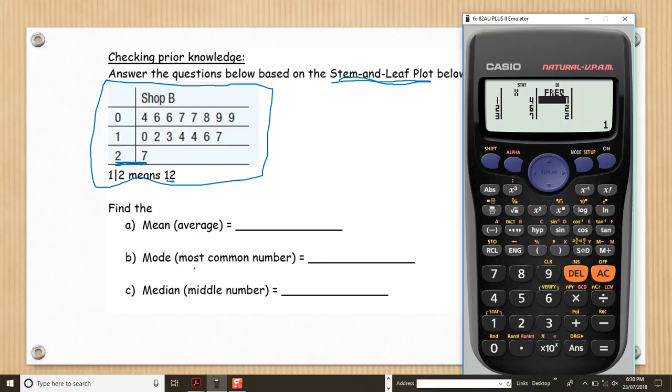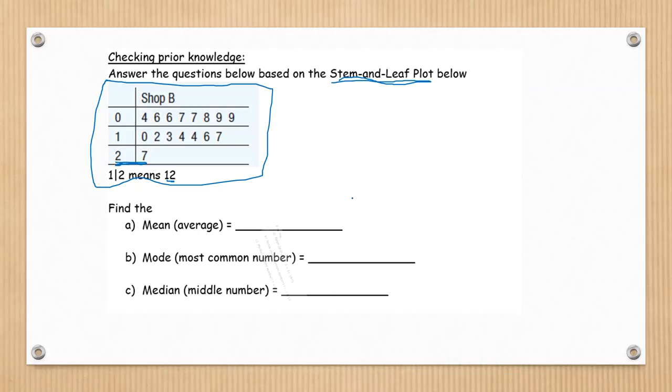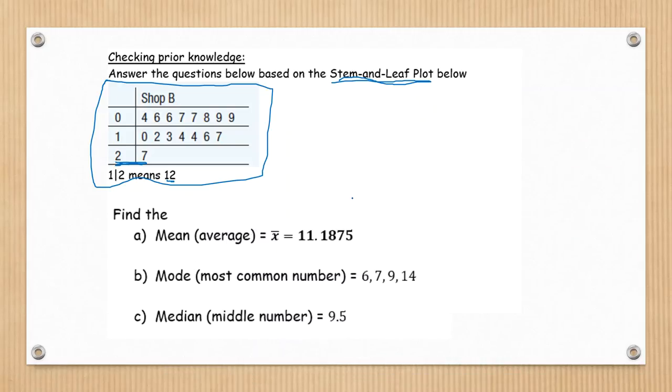The mode is the most common number, and it has the highest frequency. So you can see that we've got 2 6s, 2 7s, 2 9s, 2 14s. So for this example, we have more than one mode. So all of those numbers are the mode.